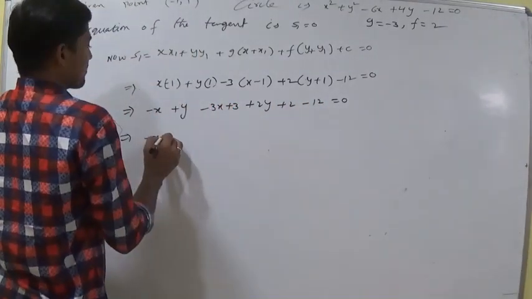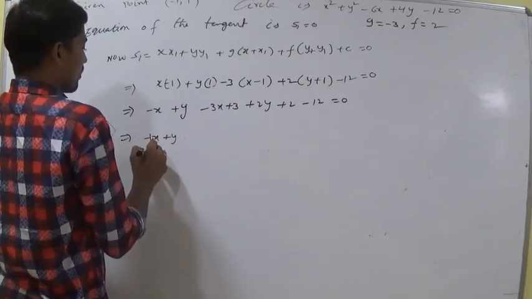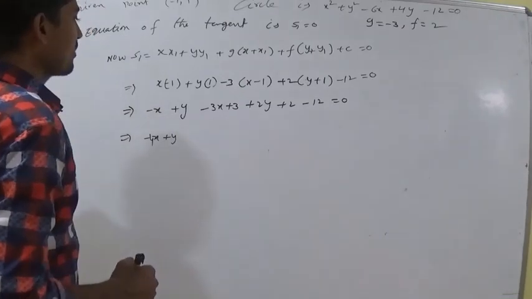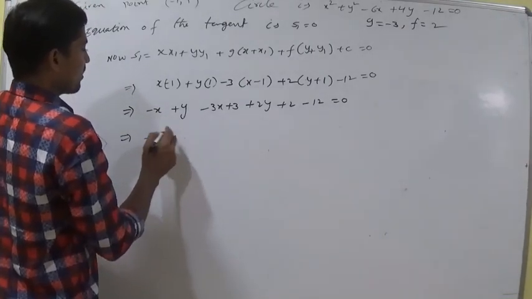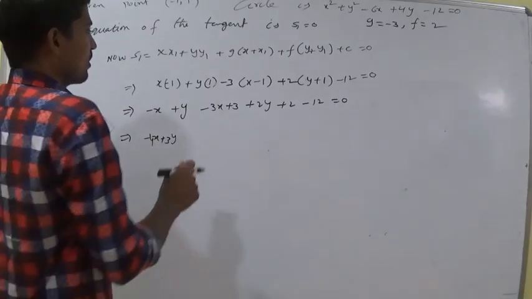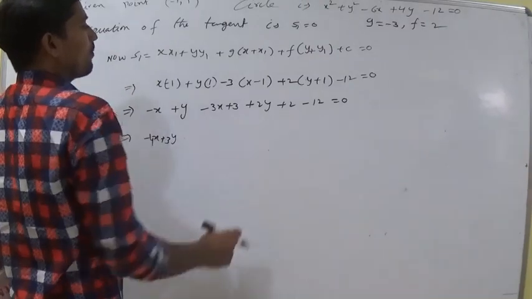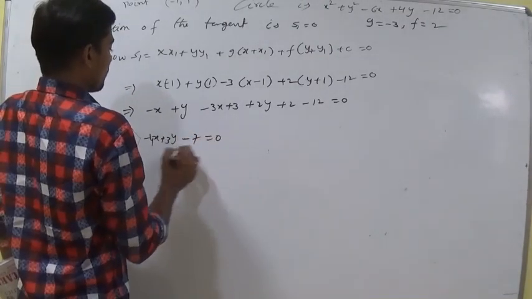So -x + y, which becomes -4x, and then y plus 2y becomes 3y. Now simplifying the constants, we get -7.